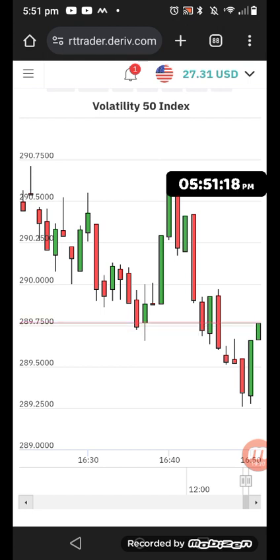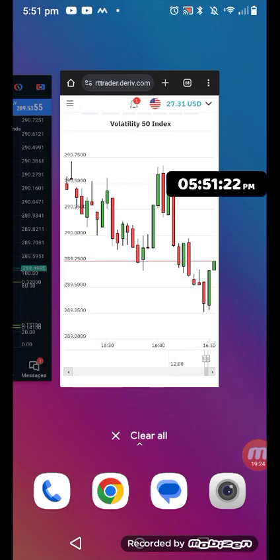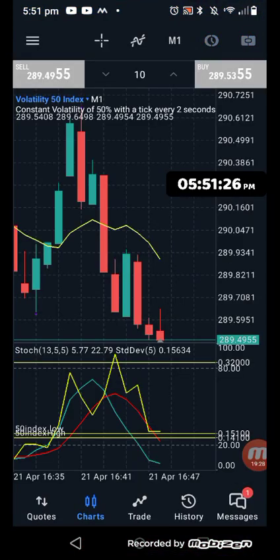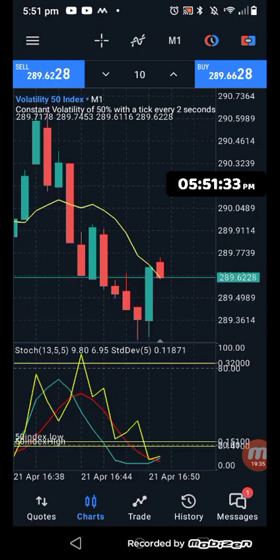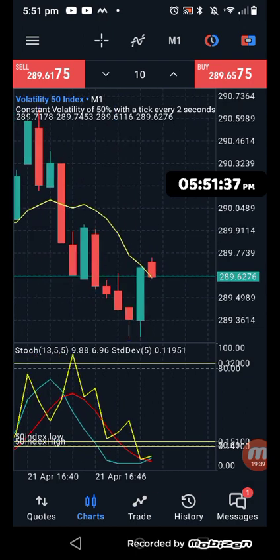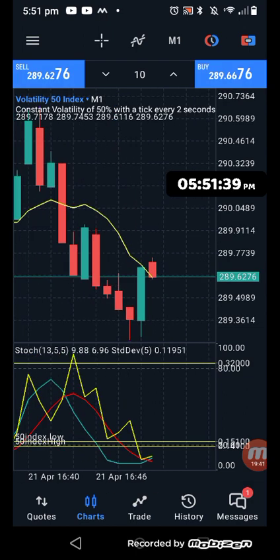If the representation you are using is different, let's say this one is now different from MT5, I'm getting the whole thing from MT5 and now doing it on Deriv, you can see that I'm not going to get the best. Look at this for instance. I traded somewhere around here.